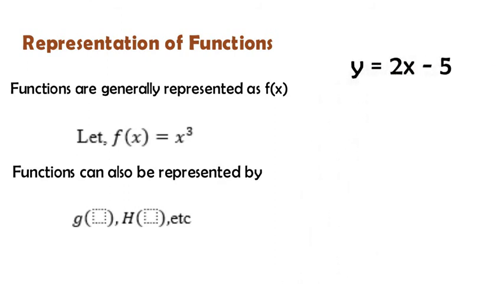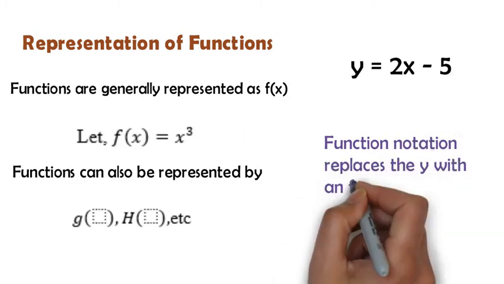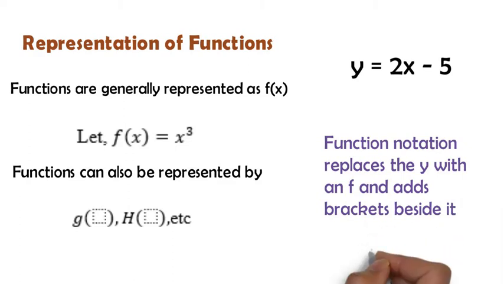Example: y equals 2x minus 5. After you substitute a value of x, you have y equal to something, and you can't see the original value of x. Function notation replaces the y with an f and adds a bracket beside it, which is f of x.